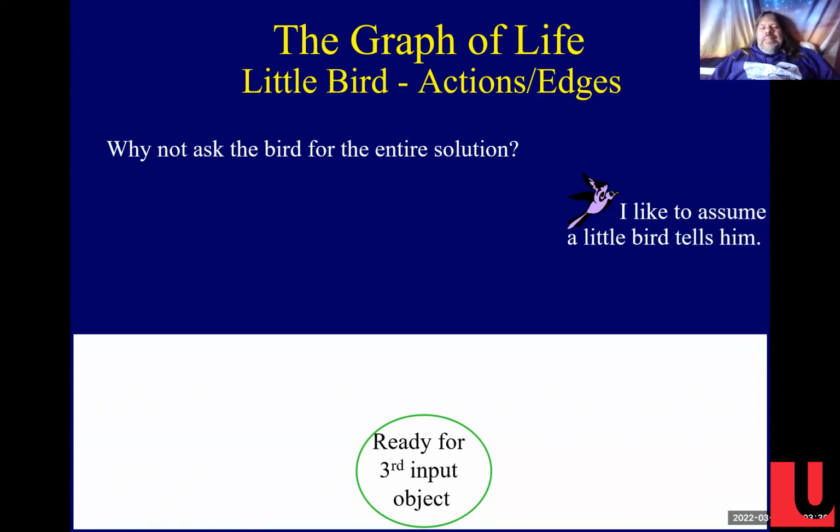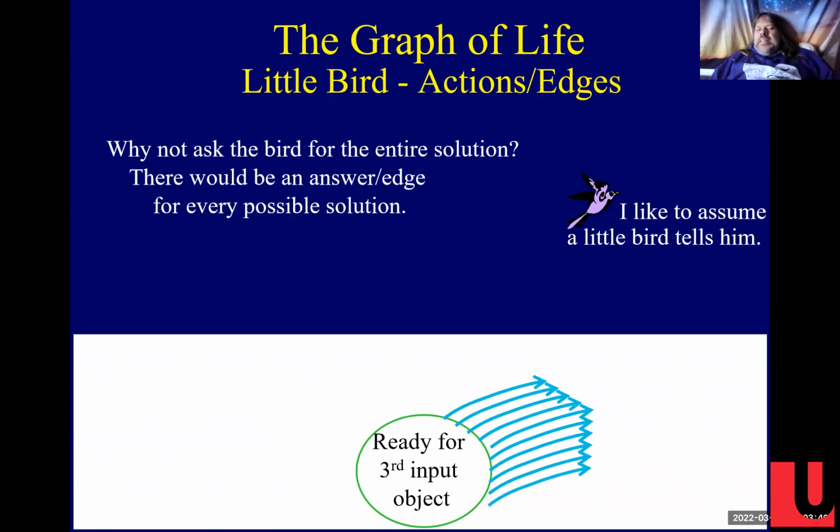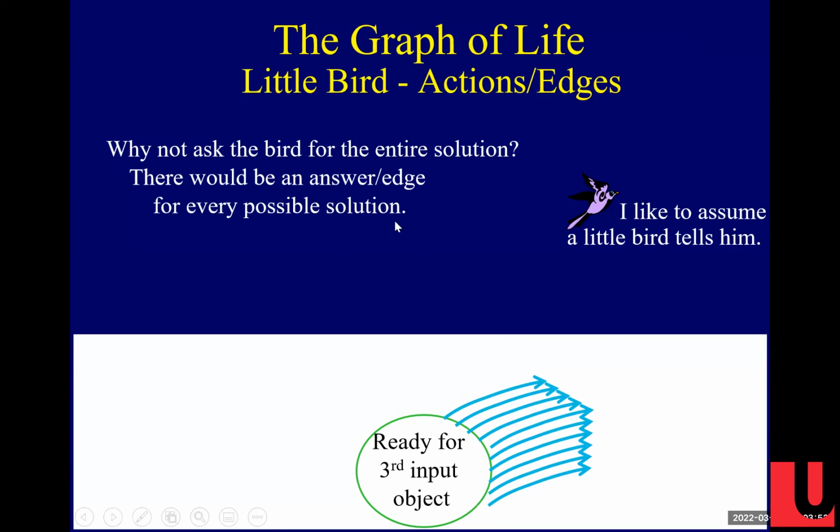So why not just say, hey, bird, tell me the whole solution? Anybody know? Because the cost is often exponential. Because the number of answers is exponential, right? We have to have an edge for every answer you could possibly give, and there are an exponential number of possible solutions. So that's too many answers.